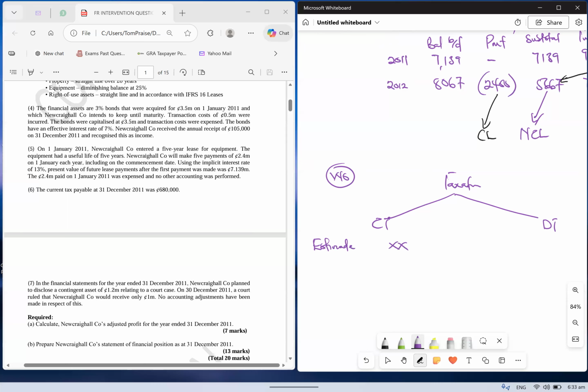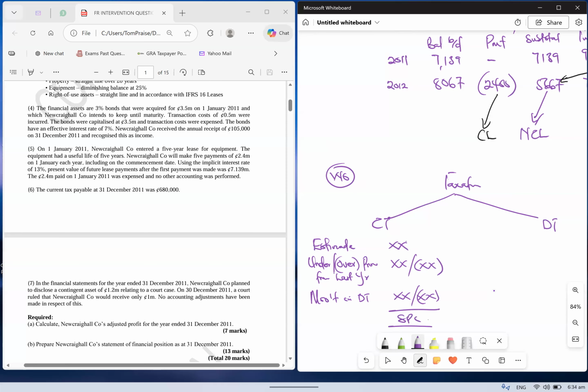Then you add under or over provision. When it is over, you subtract from the previous year. When it is under, you add. Then you add movement in deferred tax. The movement can be positive or negative. So the total here will go to your SPL.